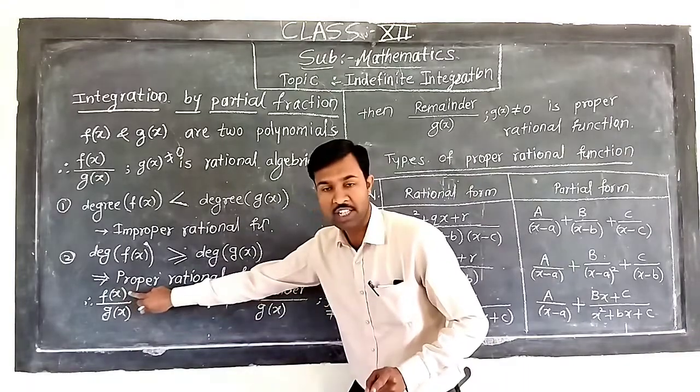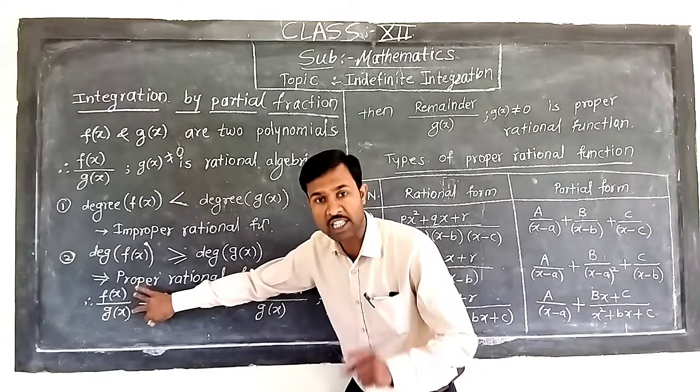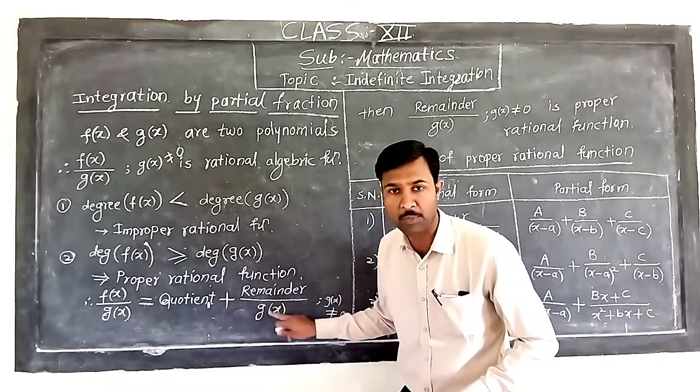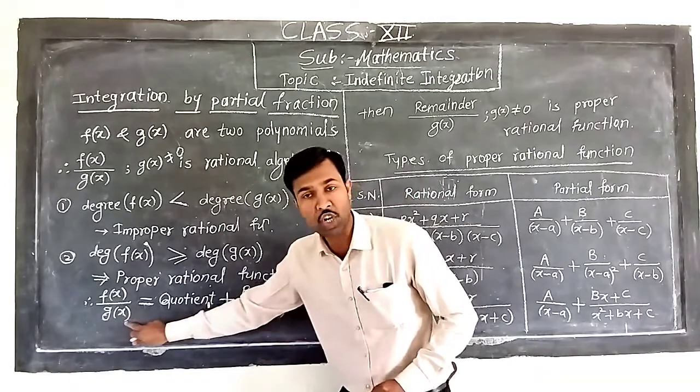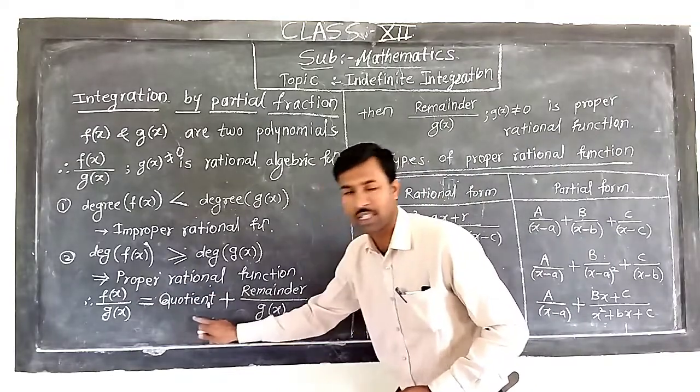Here the degree of the numerator is greater than the degree of the denominator, so we can divide, and the ratio can be written as quotient plus remainder upon divisor, and our divisor is g of x, so it is remainder upon g of x. The quotient is a whole expression, there is no problem.